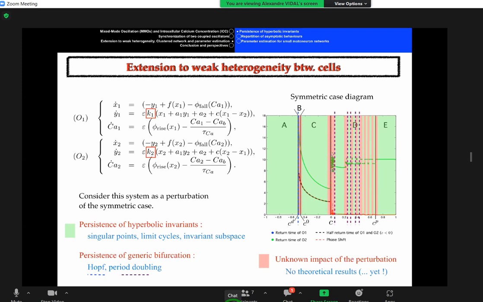We have some holes in the theory, in the pink areas, because we have unknown impact of the perturbation and no theoretical results yet. But the main repartition, even in the case of weak heterogeneity between cells, is acquired according to the coupling parameter.